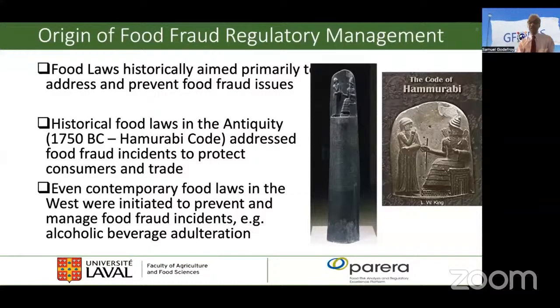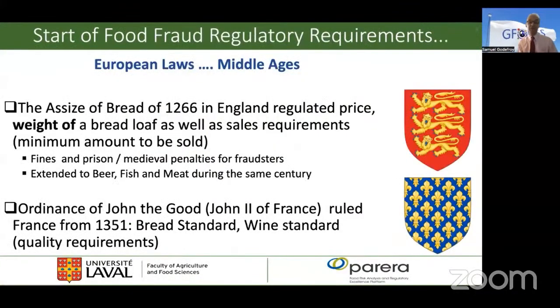So essentially, before we even started regulating food safety, when we look at the contemporary texts regulating food, we find that their essence is coming from the management of food fraud incidents, such as, for example, the management of adulteration of alcoholic beverages.